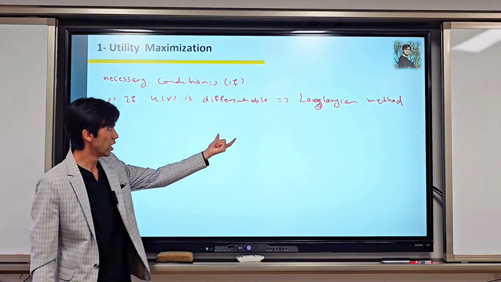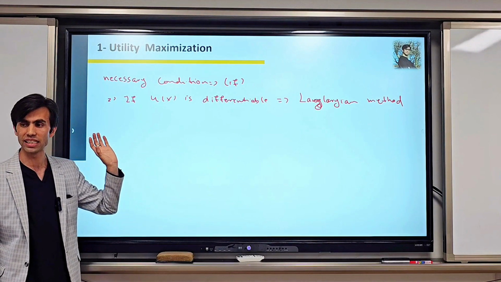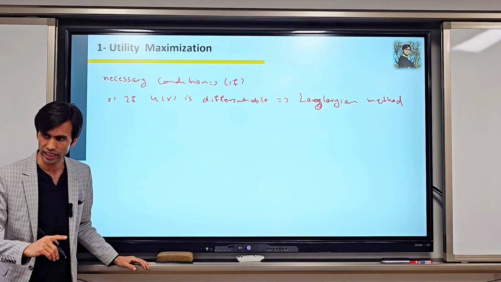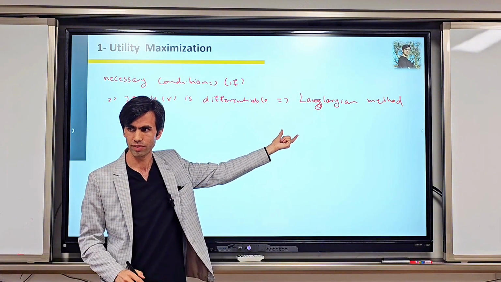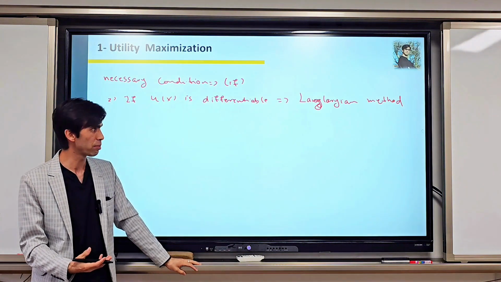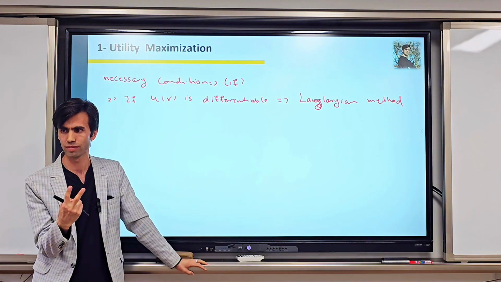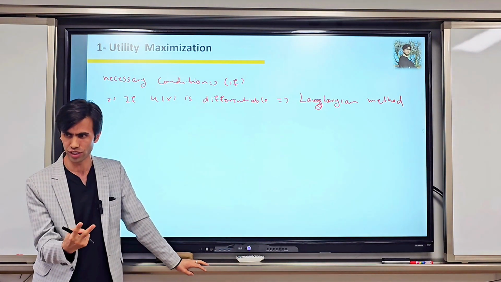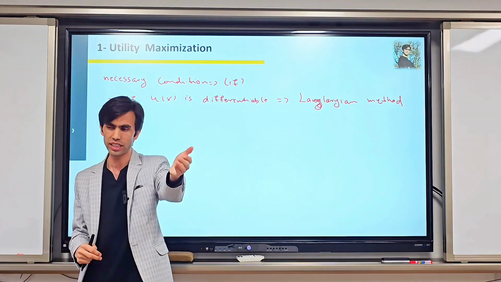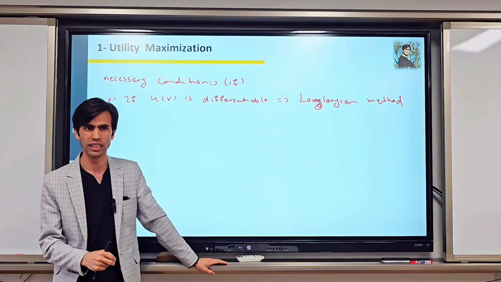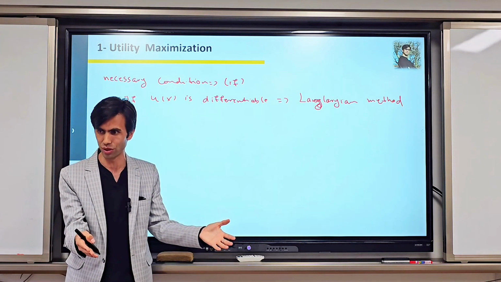So what do I mean by that? I mean that the Lagrangian approach is not a sufficient condition. It's a necessary condition. It can be used only if the utility function is differentiable. And even sometimes, some people say if the utility function is twice differentiable. Why should it be twice? Because in the case of perfect substitutes, that linear utility function that he said before, when we use the Lagrangian approach, there was no solution.